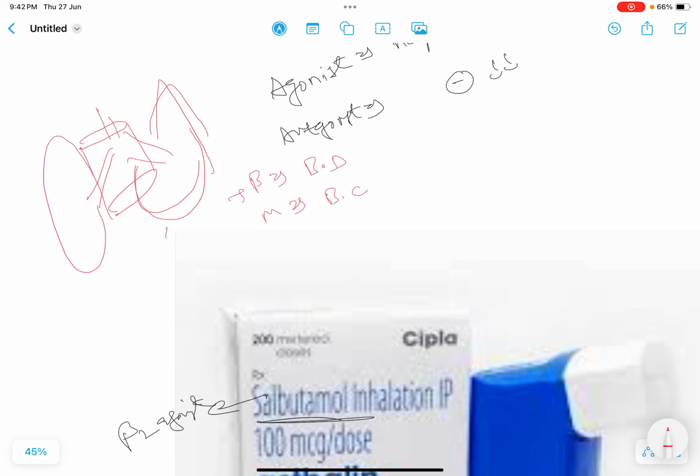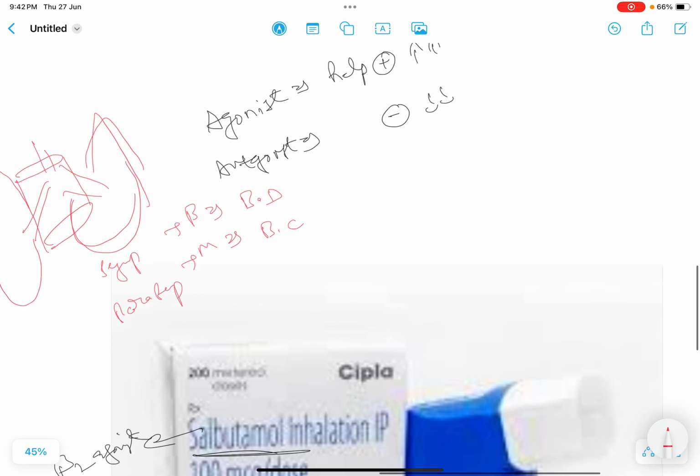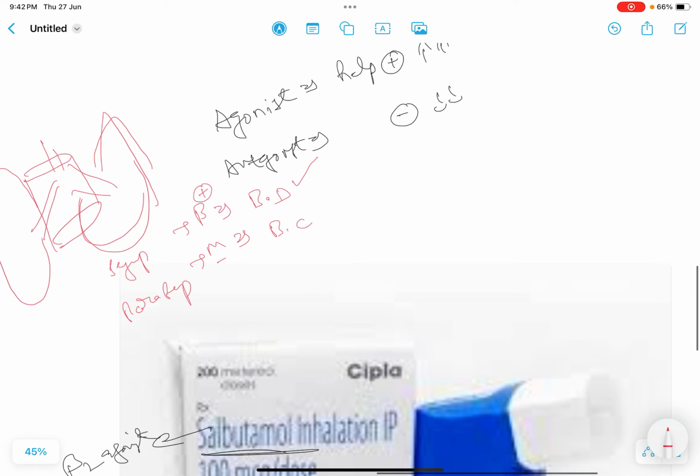Beta comes under the sympathetic and muscarinic comes under the parasympathetic. So when we give beta agonist, it causes bronchodilation. When we use muscarinic antagonist, it will stop the bronchoconstriction, therefore it causes the bronchodilation.